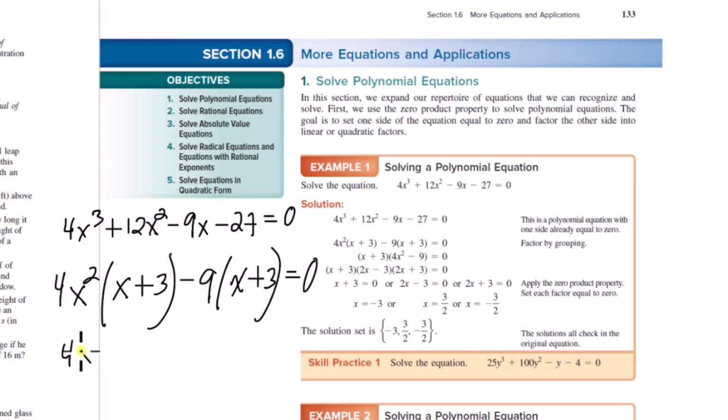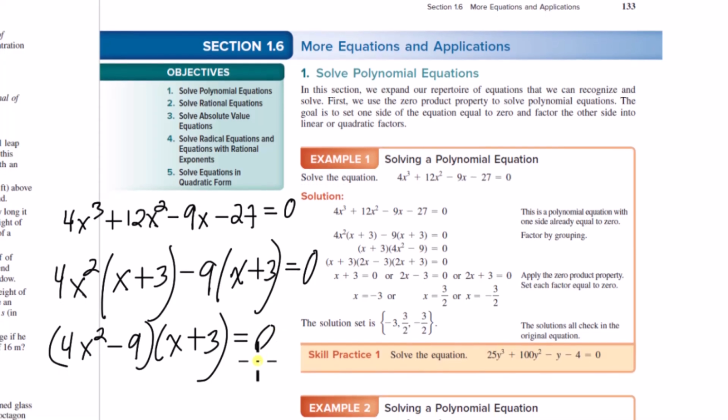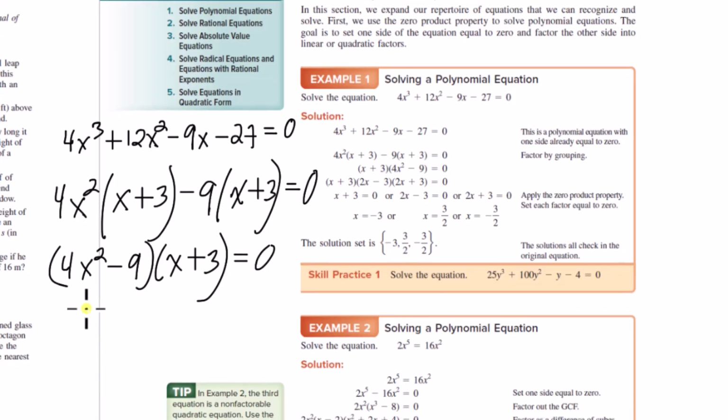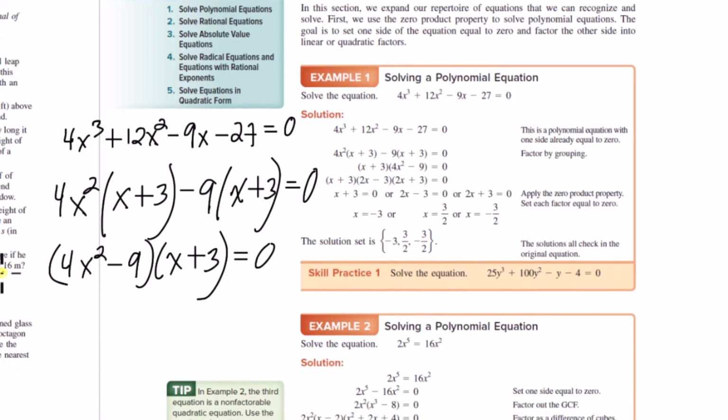Okay, so we've got 4x squared minus 9, and then x plus 3, and there you go. Now, no, actually we're not done, because we can write this as 2x squared minus 3 squared.